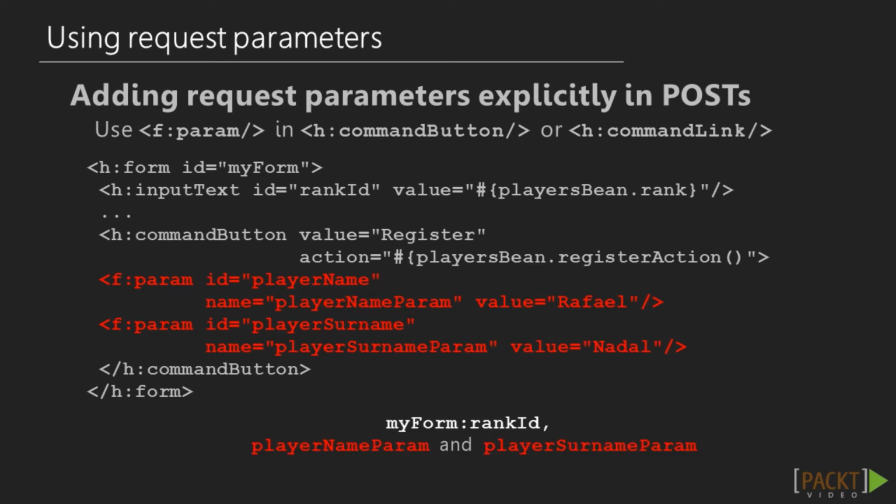Notice that these request parameters don't appear in the query string of the URL, since they become part of the POST request that submits the current form. Basically, they are available in the request parameter map next to the request parameters that correspond to the submitted components.